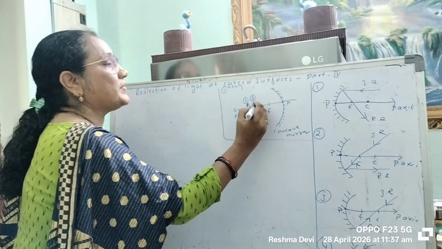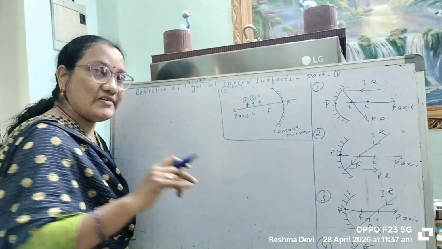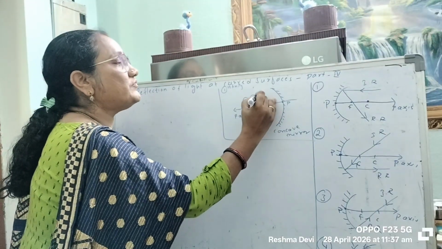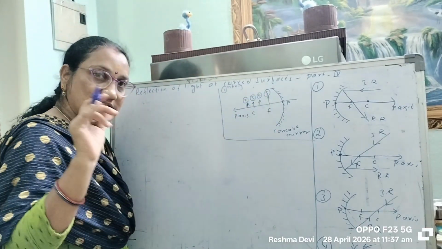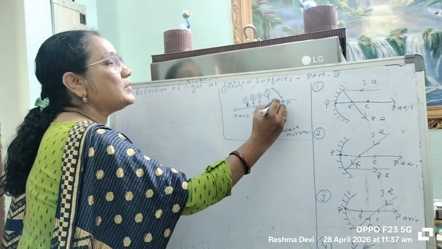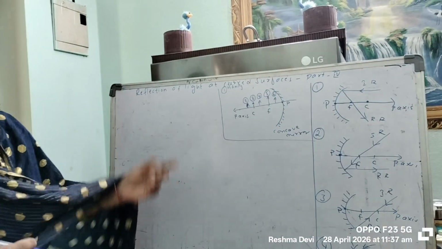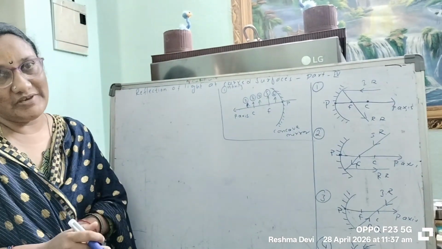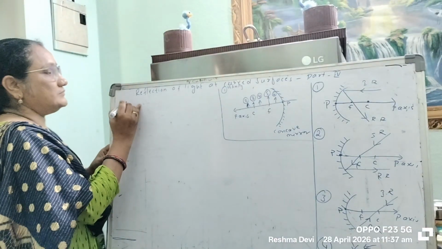Position 4, the object is placed between C and F. Position 5, the object is placed at the focal point. Position 6, the object is placed between F and P. Now these object positions we are talking about.